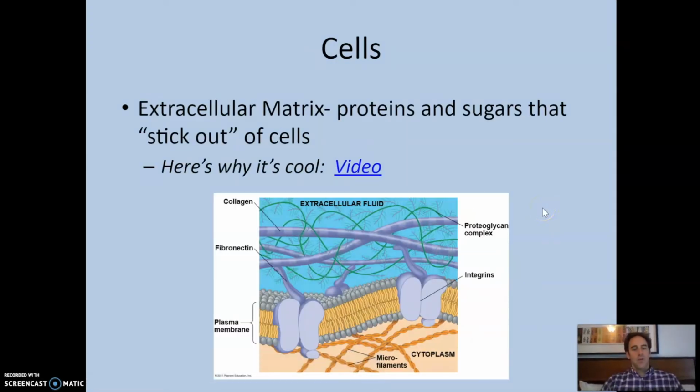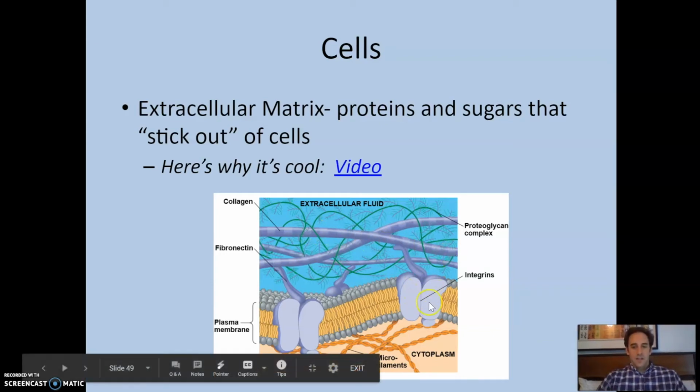So the last structure I want to point out is not entirely in the cell, actually. It's called the extracellular matrix. That is the proteins and sugars that kind of stick out of the cells. So for example, if you think of your face, you can look at the little picture in the bottom corner of your screen here. Your skin is held on to the underlying muscle by connective tissue, and there's a lot of this protein called collagen in there.